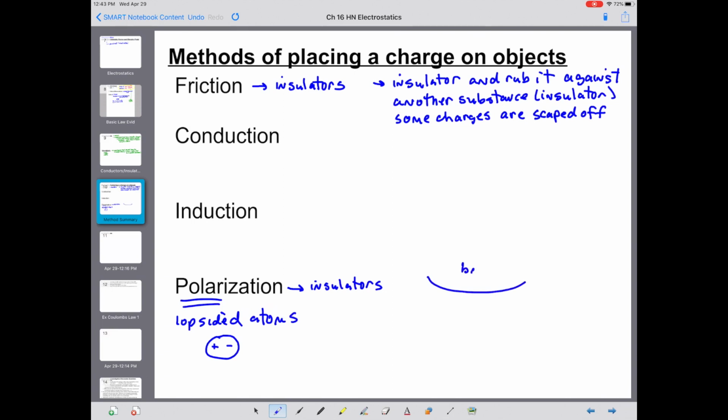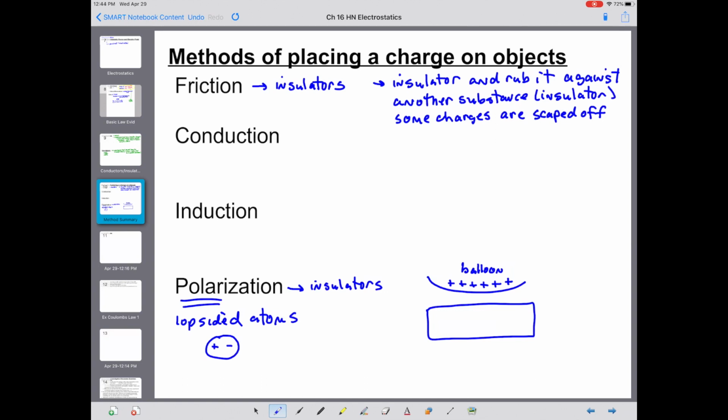If I have, say, a balloon here that is positively charged, and I bring it near a second substance that is an insulator right here, these lopsided atoms will swivel around and line up. Opposite charges attract each other.